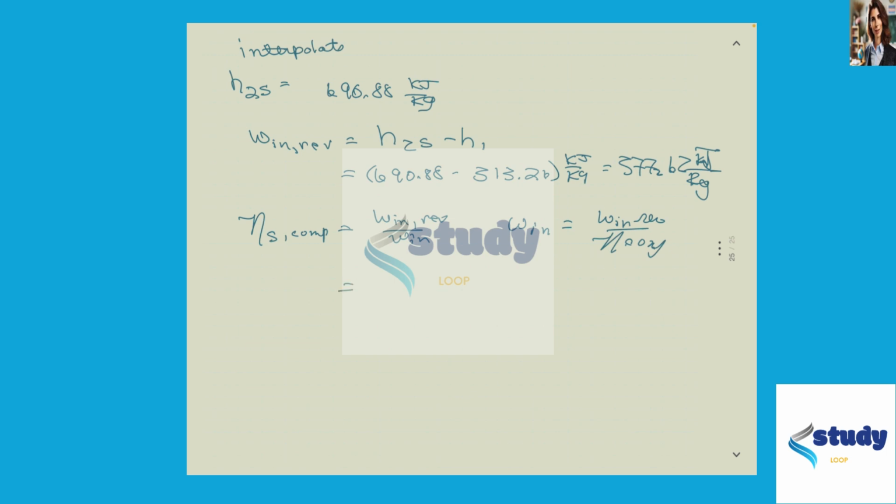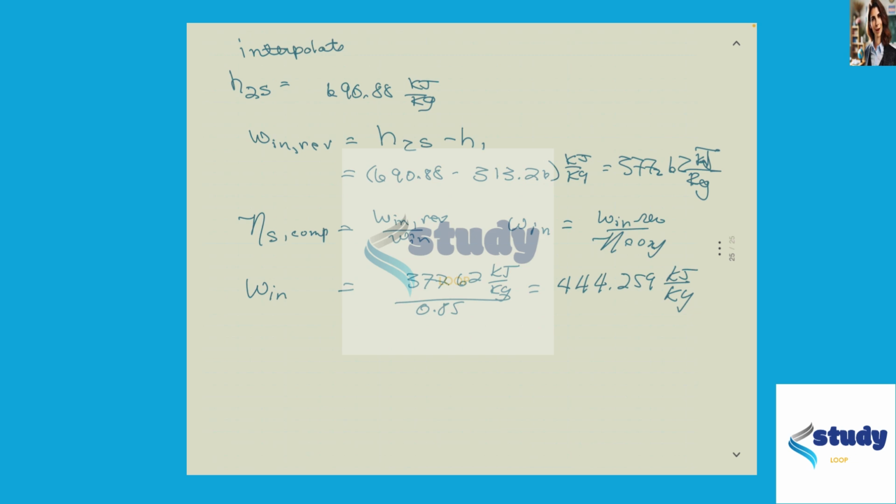And this will equal 377.62 kilojoules per kilogram divided by 0.85, and this will equal 444.259 kilojoules per kilogram.